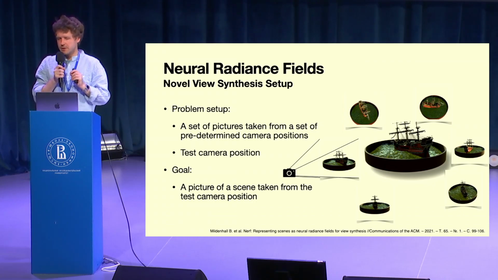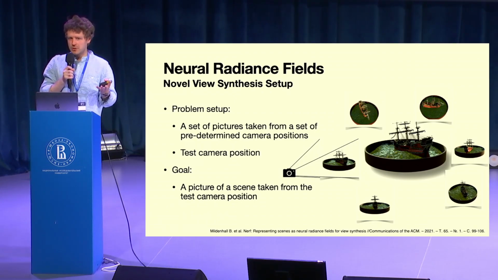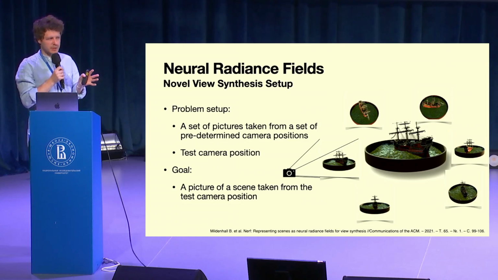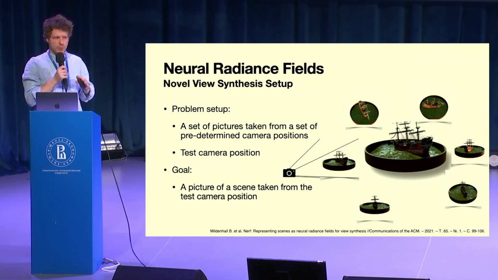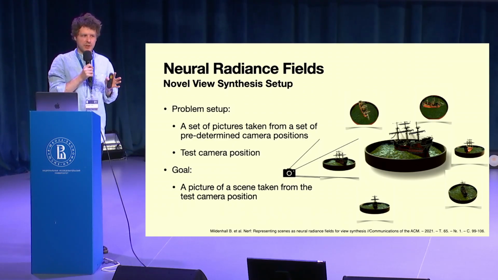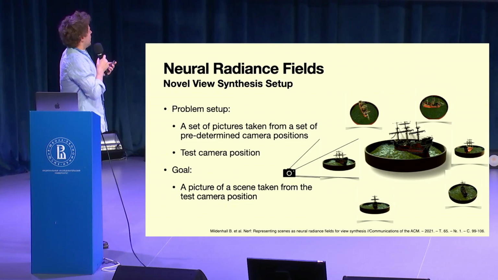It turns out that it is not necessary to have a perfect 3D model of an object you're trying to render in order to render a sufficiently good image. So the task does not really care whether we know the shape of the scene or not. The task only cares about our ability to draw the scene from a novel viewpoint. Okay.